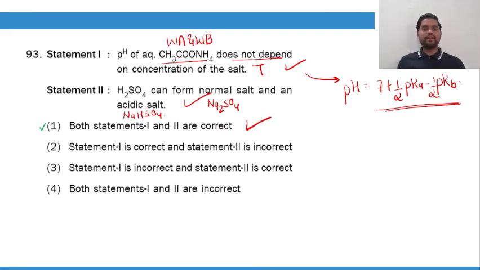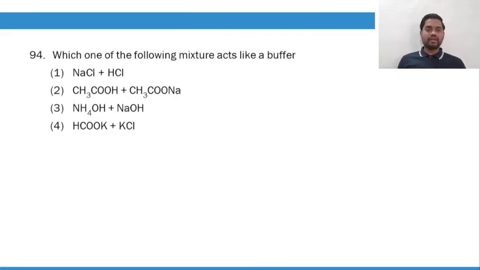93. 94. Which one of the following mixtures acts like a buffer? Buffer is what? A solution of weak acid plus the salt of weak acid and strong base.